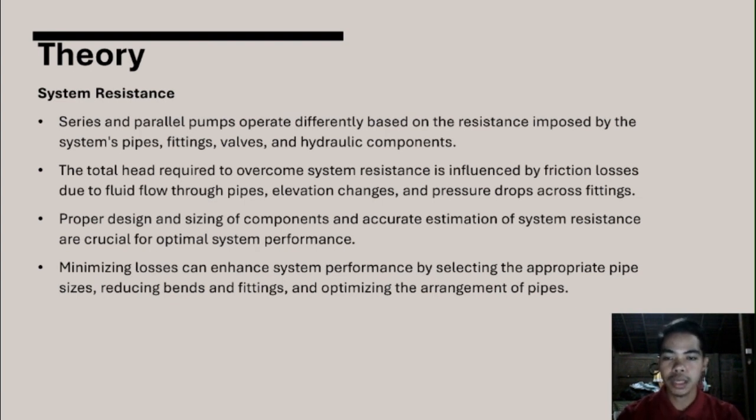Proper design and sizing of components and accurate estimation of system resistance are crucial for optimal system performance. Minimizing losses can enhance system performance by selecting the appropriate pipe size, reducing bends and fittings, and optimizing the arrangement of pipes.